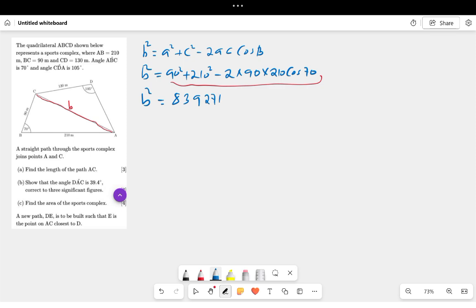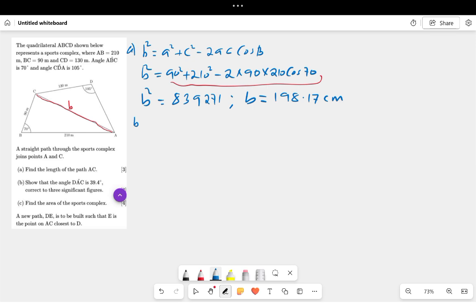And therefore, that's B squared. If you want to find B, it's going to be 198.17 meters. So that's the answer for A, and it's actually 3 marks from what you can see.